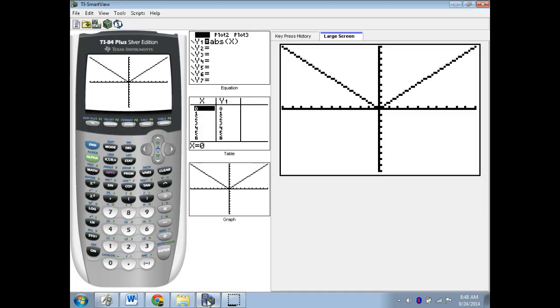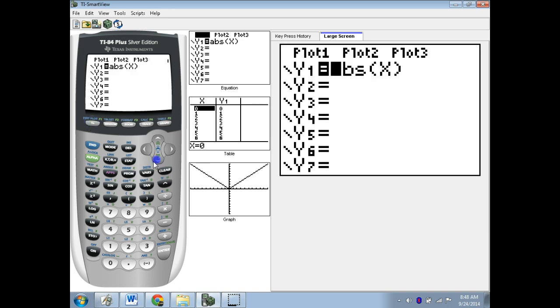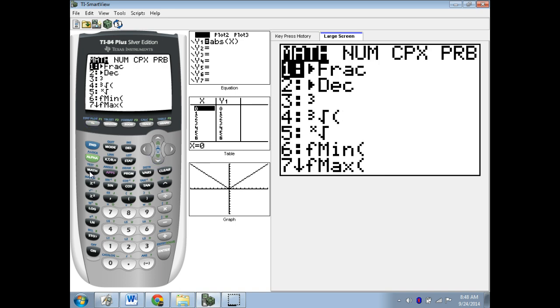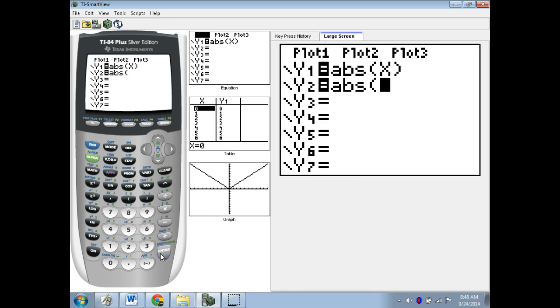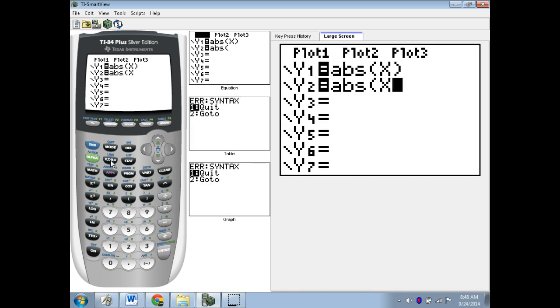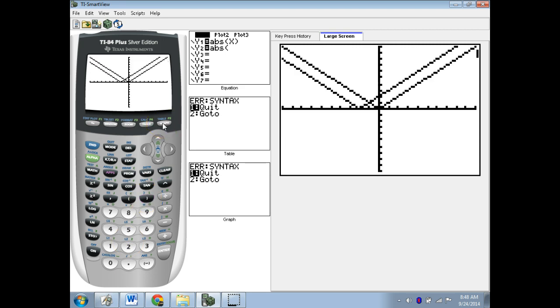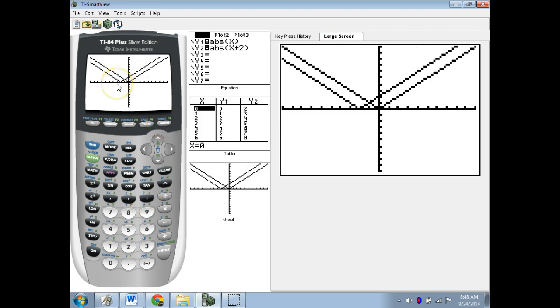For example, if we take a quick look at our second one and we enter an absolute value, and if we take x plus 2 inside those parentheses, and we hit graph again, you'll notice how it was moved 2 units to the left with the x plus 2.